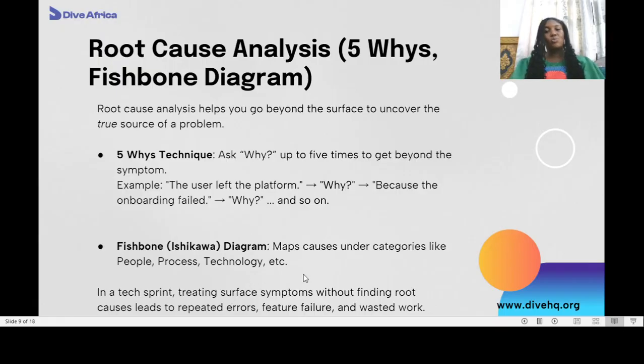So I'm trying to explain how to map out causes under categories, just like I mentioned: the people, it can be the process, it can be the technology, it can be the environment. Is the store location bad? It can be the policy of the company.